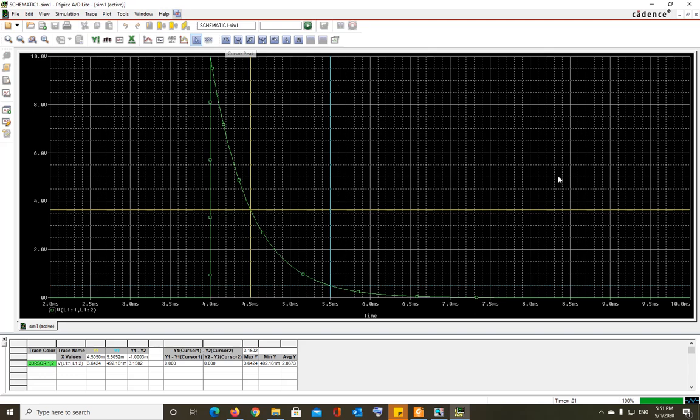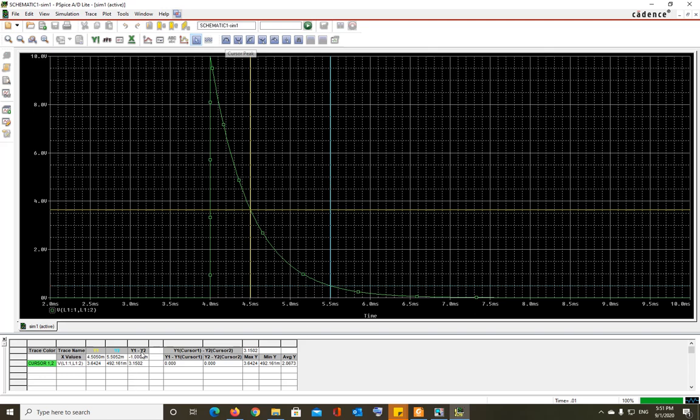And to find the gain, you have to find the peak-to-peak value of the input and output voltages. So when you are trying to find the peak-to-peak voltage, what you do is you put one cursor at the maximum peak of the waveform, and the other cursor at the minimum peak of the waveform. And then you read the difference between the two, that is the peak-to-peak value.